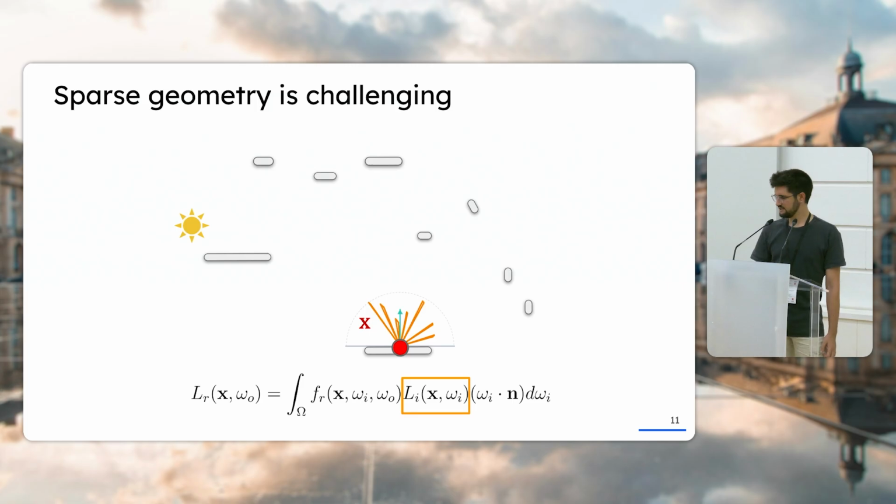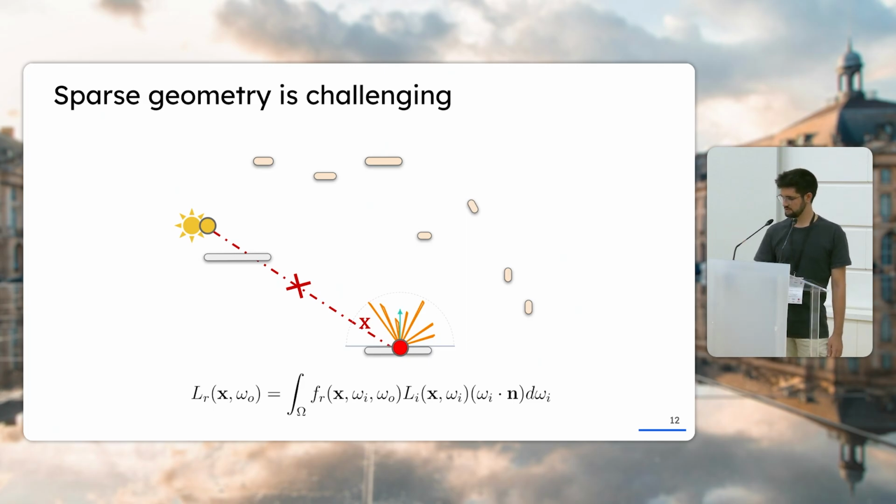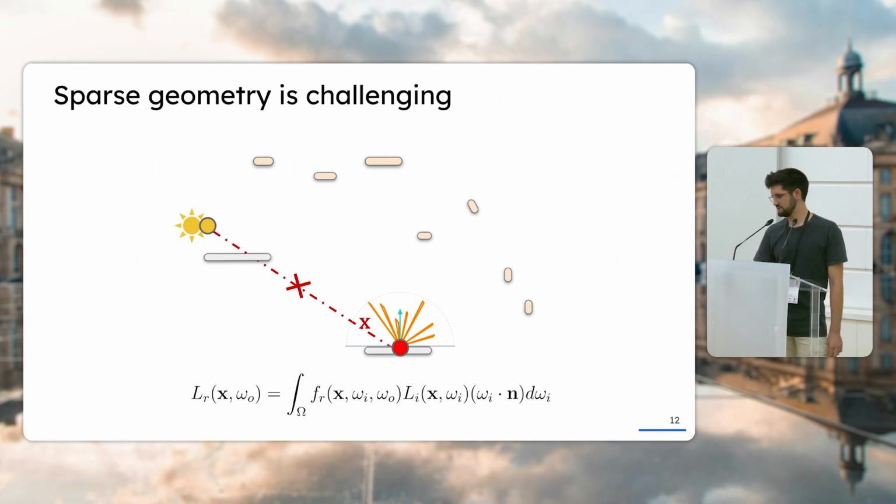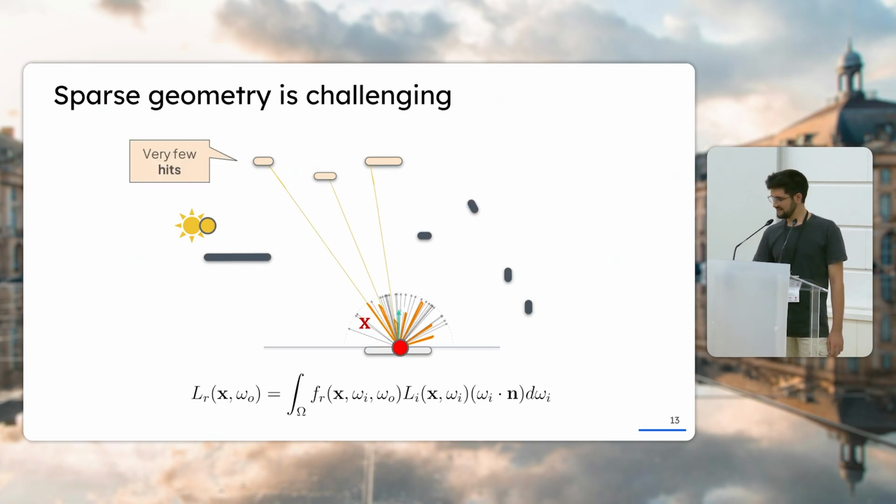And for this, we need to compute the incident radiance, which is plotted in orange here, which, as you can see here, because direct light is occluded, most of it comes from one bounce in the sparse geometry. So if we were to sample directions in the hemisphere of the shading point, we get very few hits, as we just saw in the previous presentation.